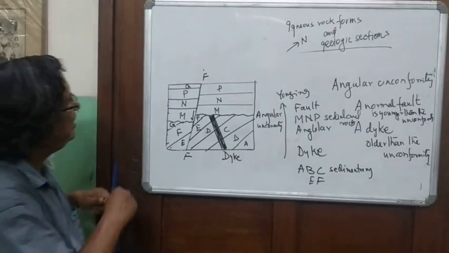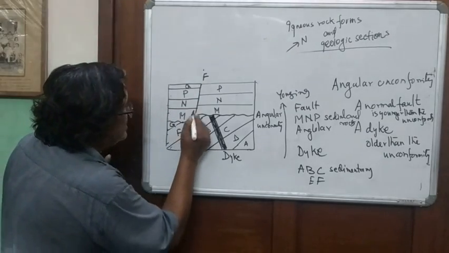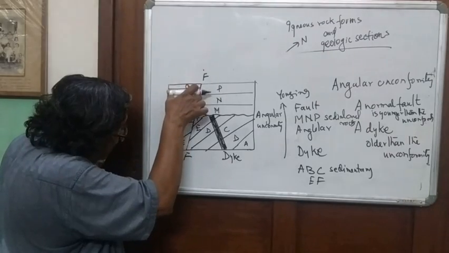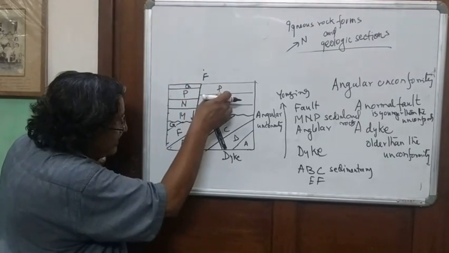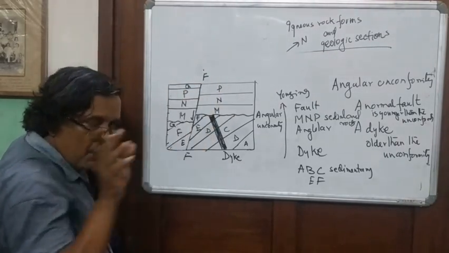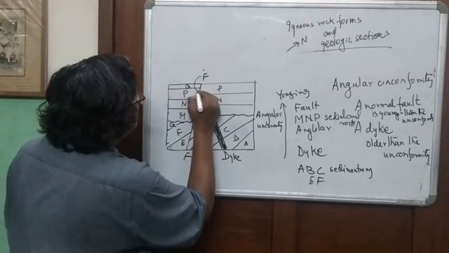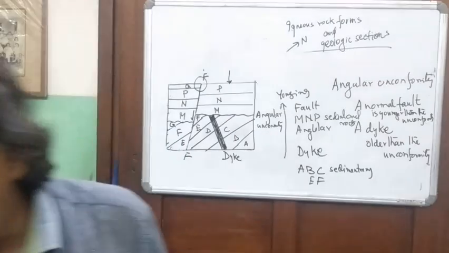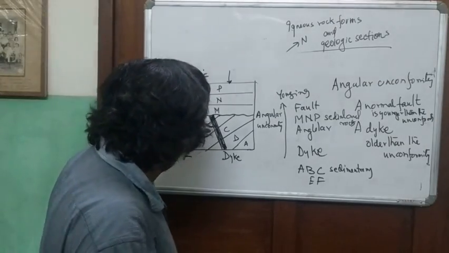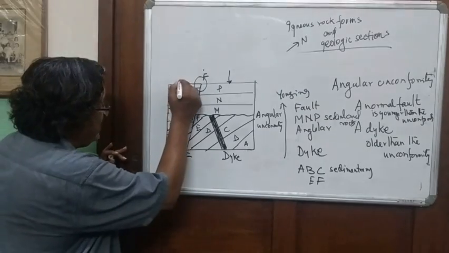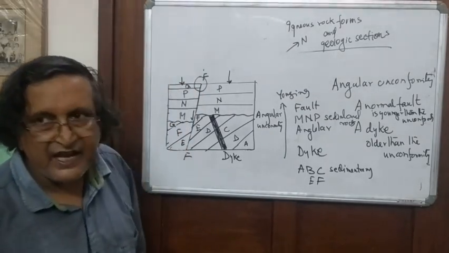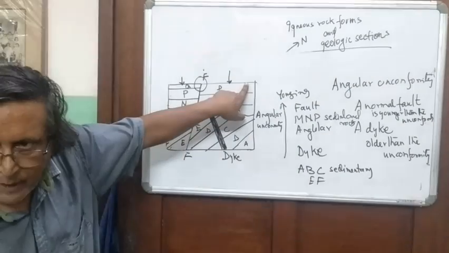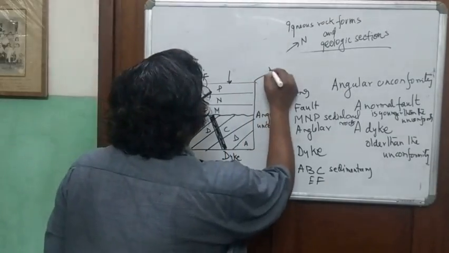And here you see, then there was a faulting and the hanging wall part went down relative to the footwall. The important thing is here. If you are standing here, there is no evidence of P, no evidence of Q. But if you are standing here, you are standing on Q. And what is this ground at the top?